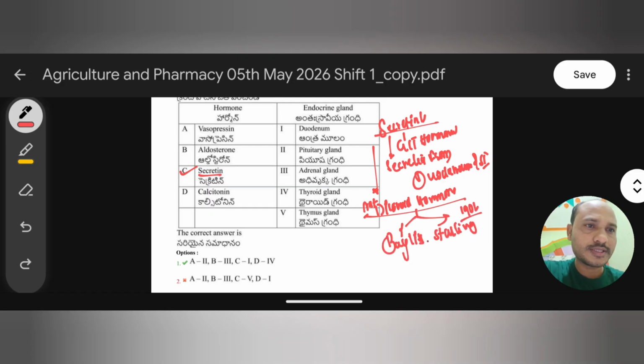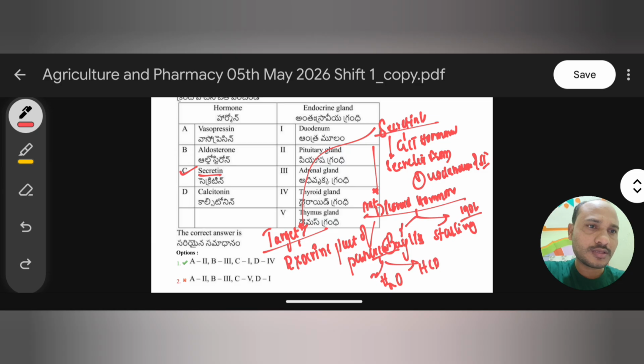The target organ of secretin is the exocrine part of the pancreas, and it helps in the secretion of water and bicarbonate ions from the pancreas. Just now we discussed aldosterone is the third one, and vasopressin the second one.